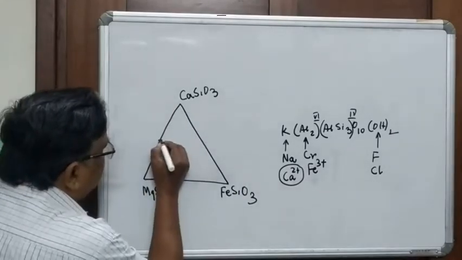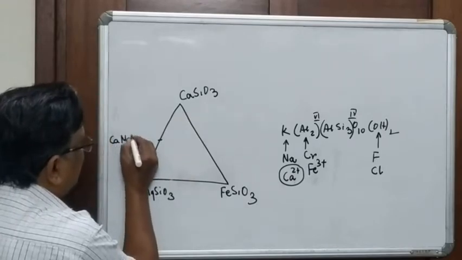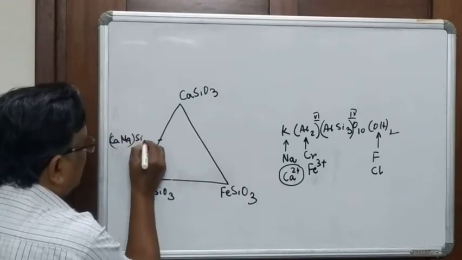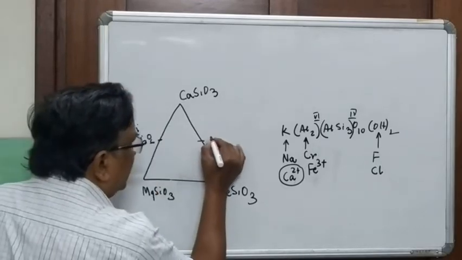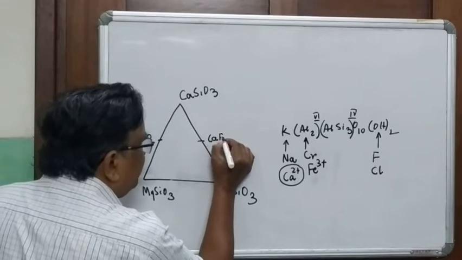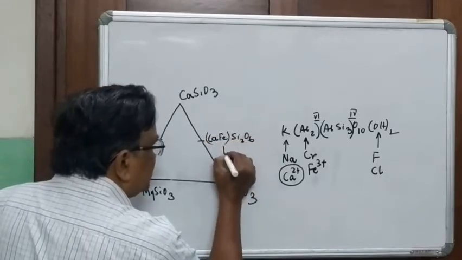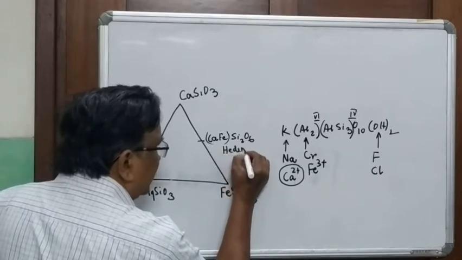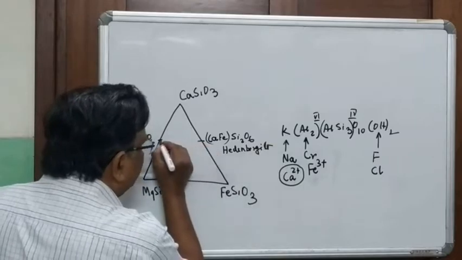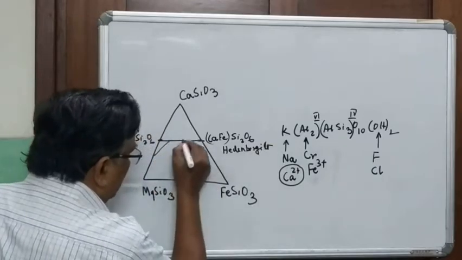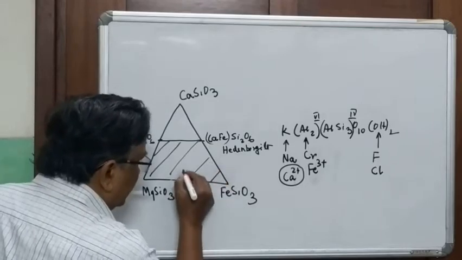If you take the midpoint of it, which is CaMgSi2O6, this is diopside. Similarly, if you have CaFeSi2O6, then this is called hedenbergite. So this is your very famous pyroxene quadrilateral.